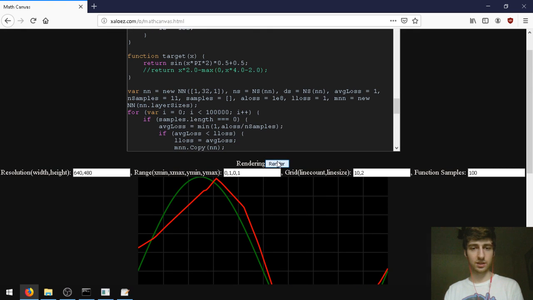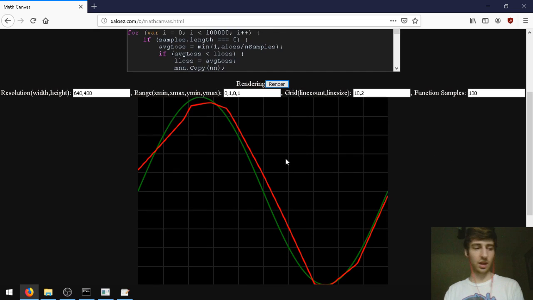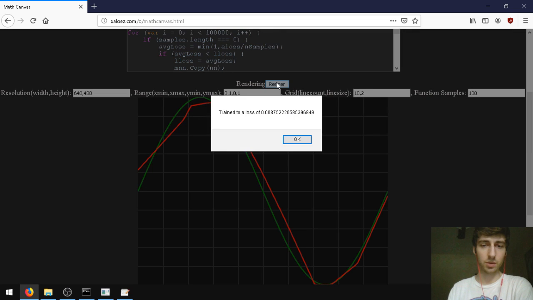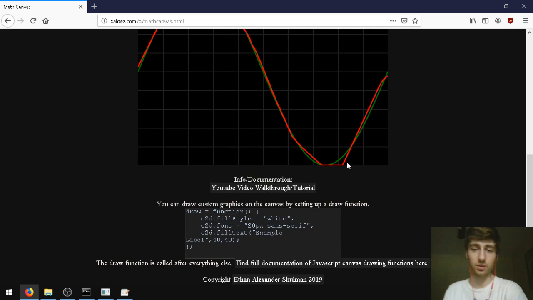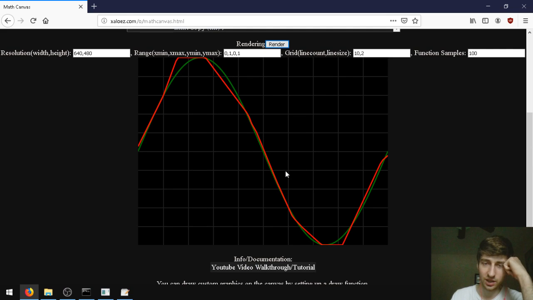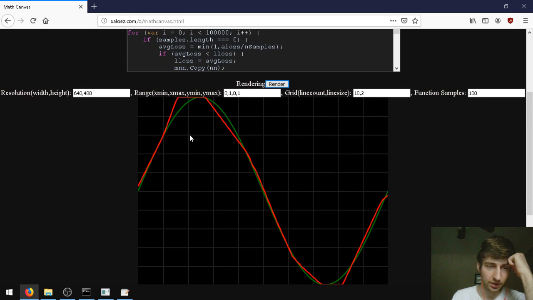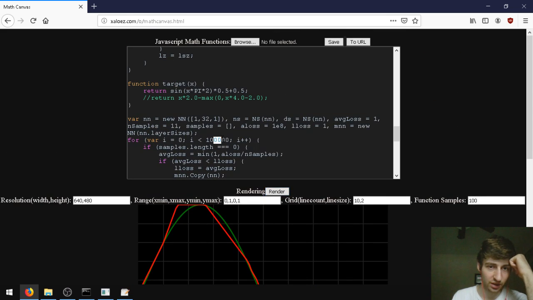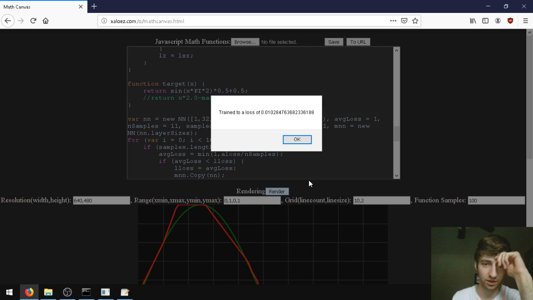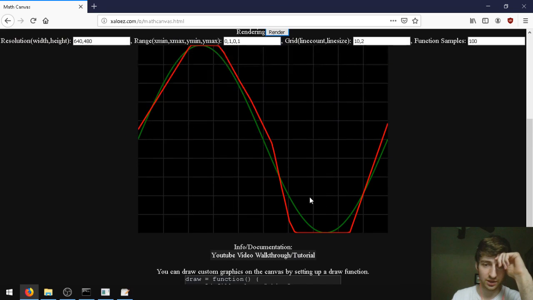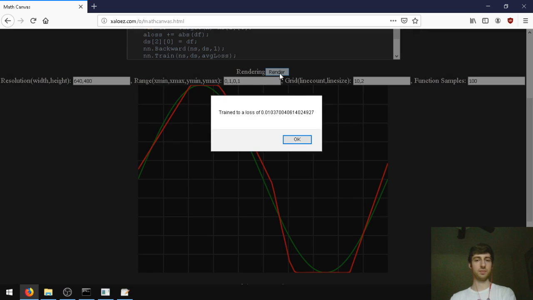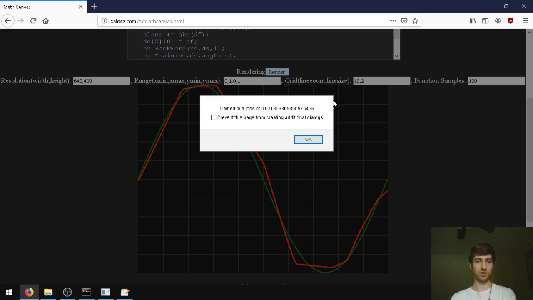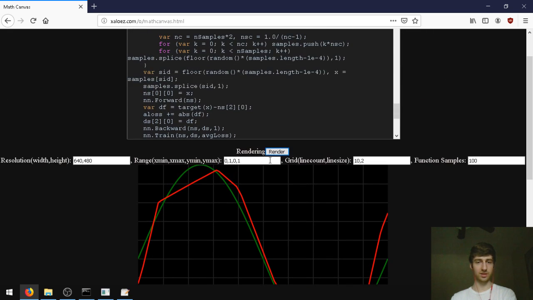Oh my god, that's actually working really well. I want to get this going so that if you train it with 100,000 iterations, it'll eventually converge. And that seems to be what I've got right now. I'm actually pretty happy with this.